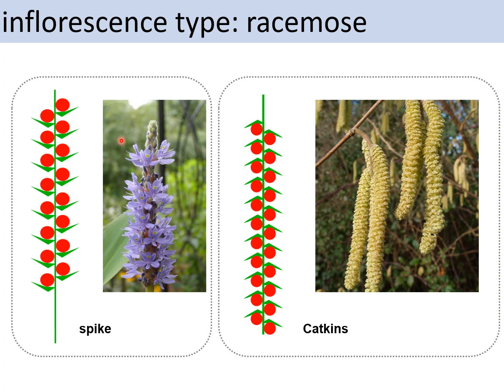So what is a catkin? Catkin is a kind of modified spike with a long and drooping axis. But catkin is different from spike because catkin usually has unisexual flowers. Sometimes it is all male flowers or all female flowers, so they separate the sex. So this is how spike and catkin are different.